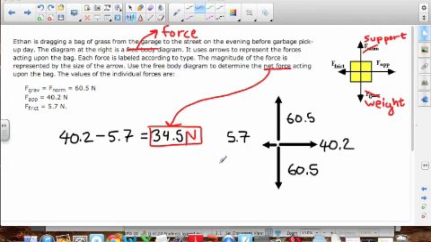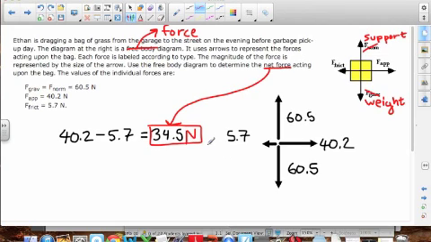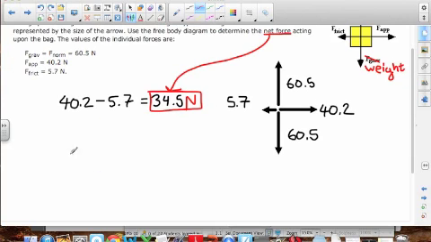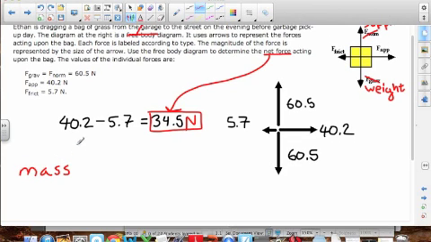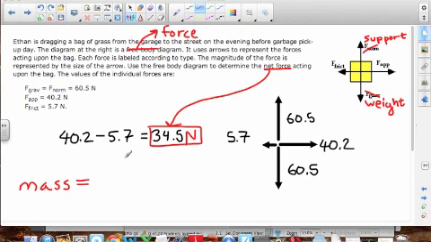Now I want to add some complexity to this problem. First of all, I want to find what the mass of this bag of grass is. How in the world are we going to find the mass?